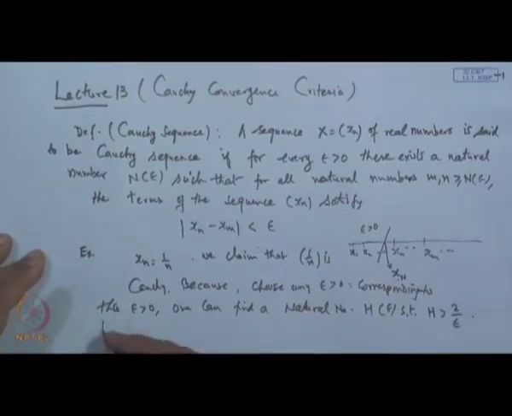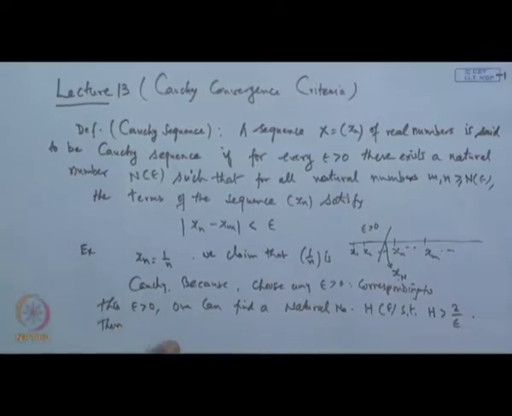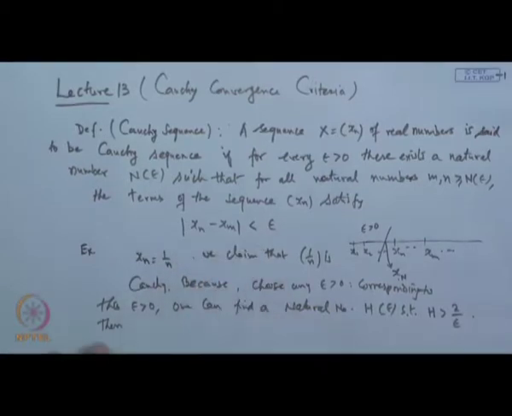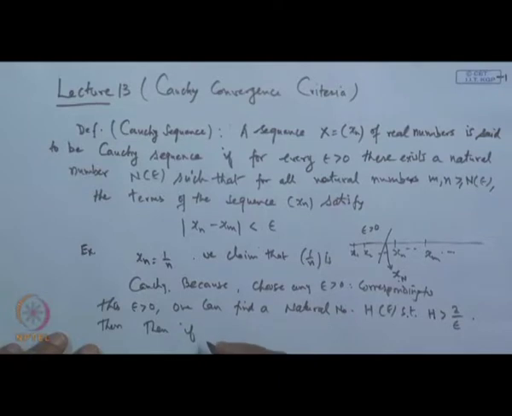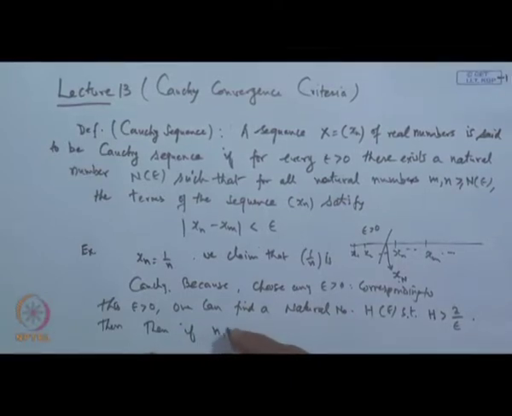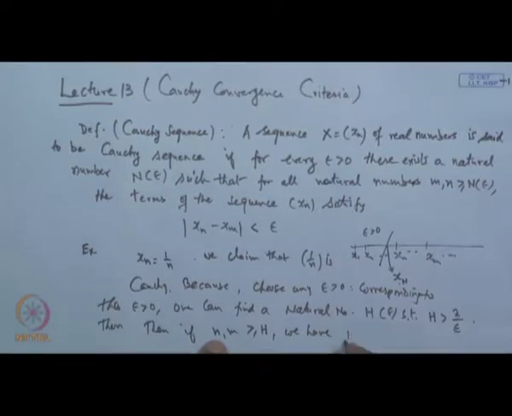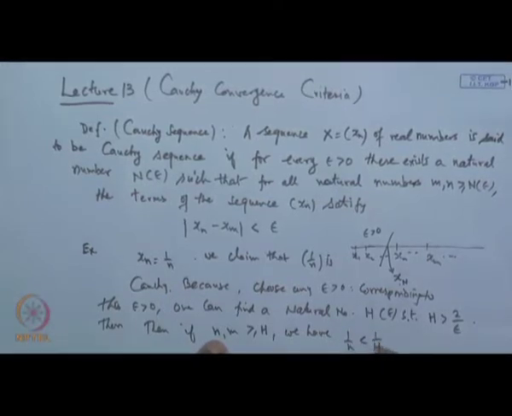Then according to the Cauchy definition, this difference must be less than epsilon. Okay. So, if I choose m, n greater than h, so if we take n and m natural numbers which are greater than or equal to h, we have 1 by n is less than or equal to 1 by h, but h is greater than this.